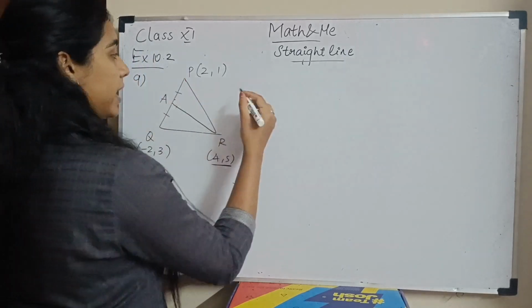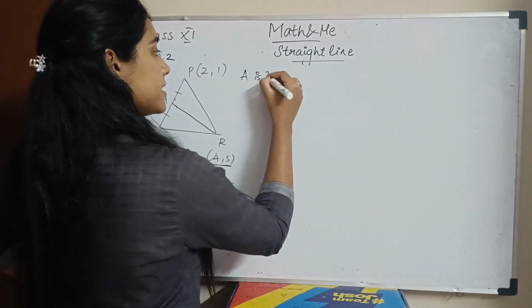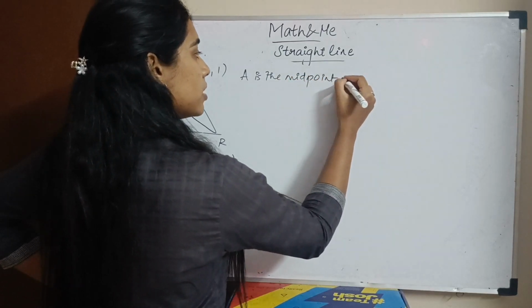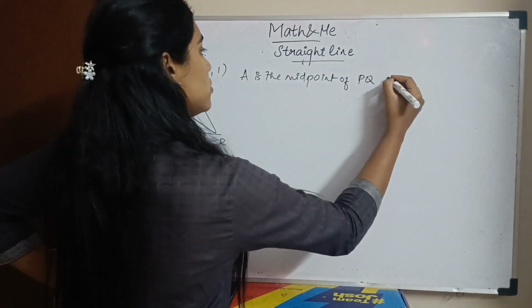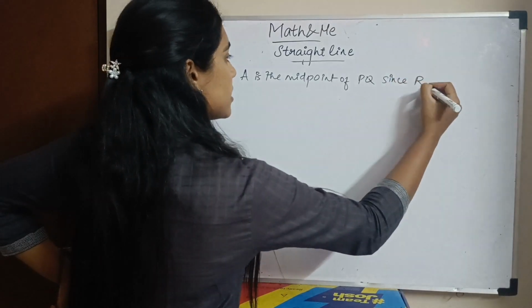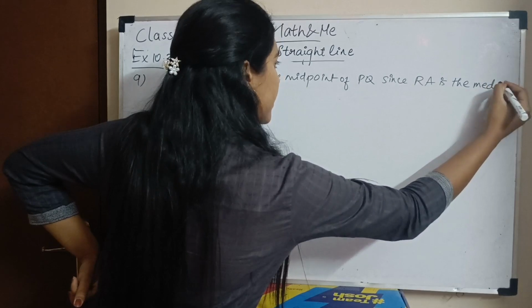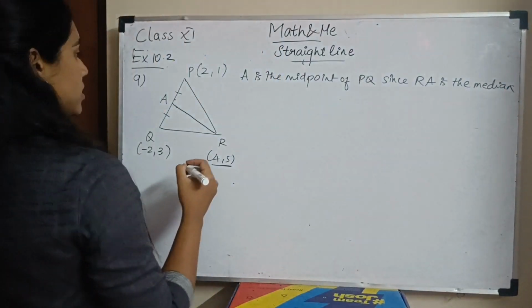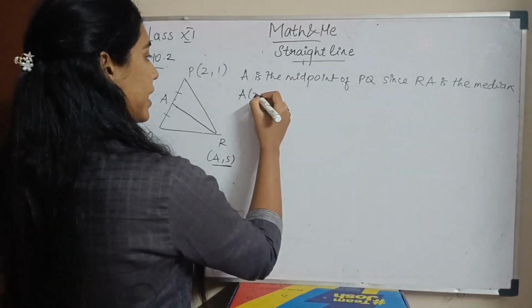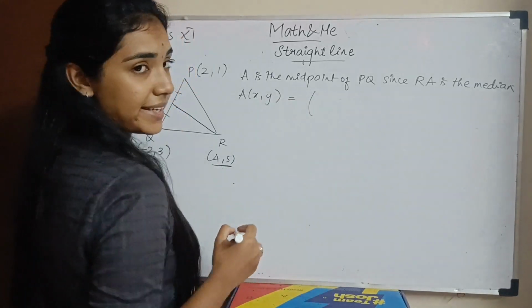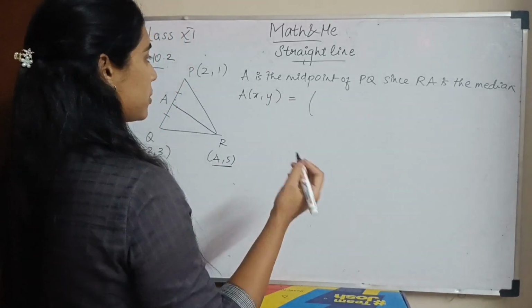Okay? So A is the midpoint of PQ since RA is the median, right? So the coordinates of A are, what is the midpoint form? x1 plus x2 by 2 and y1 plus y2 by 2.